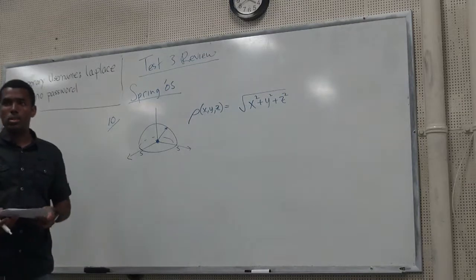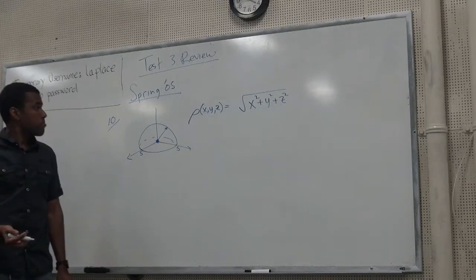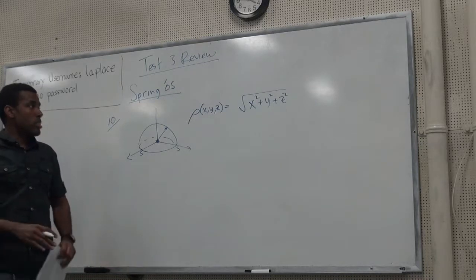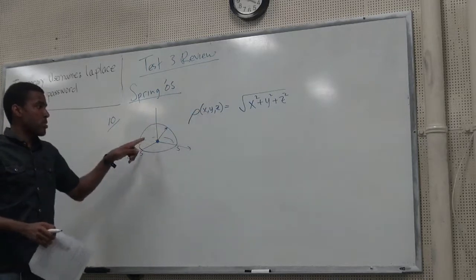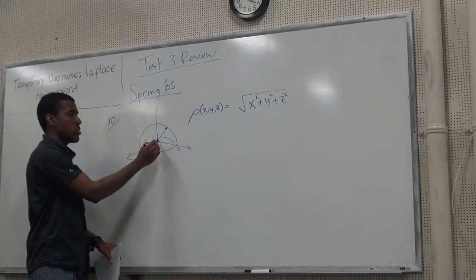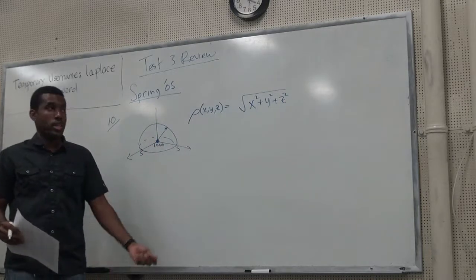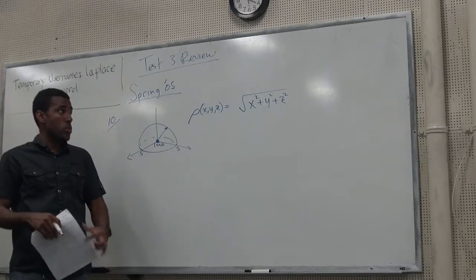You just think of it as the radius. The distance of the point xyz from the center is just the distance of xyz from the point 0, 0, 0, which you get using the distance formula. So that's actually a rho.